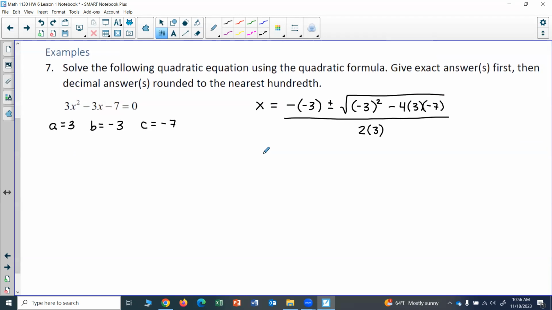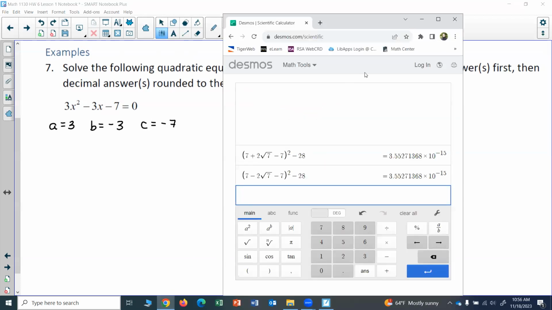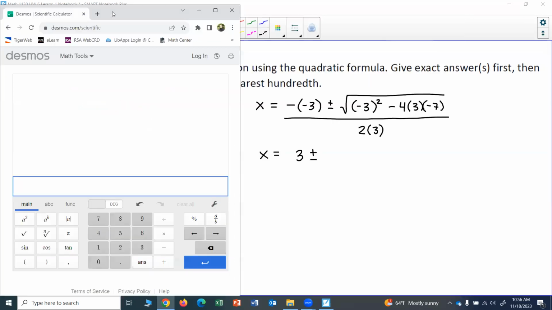Okay, so I will end up with the double negative here gives me a positive 3. So I'll have 3 plus or minus. And I want to pull up my calculator. So let me pull this over to the side here. Okay, so now I'm going to figure out what goes underneath the radical.